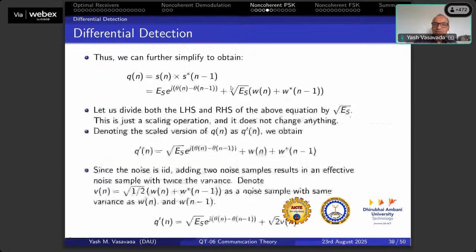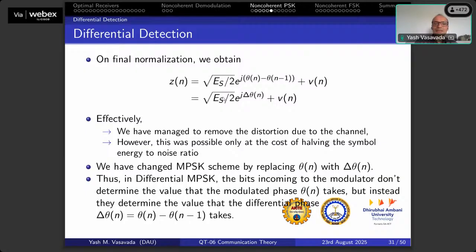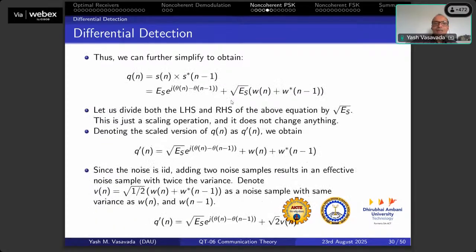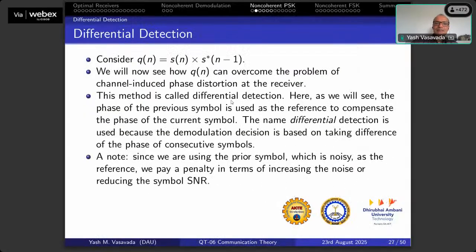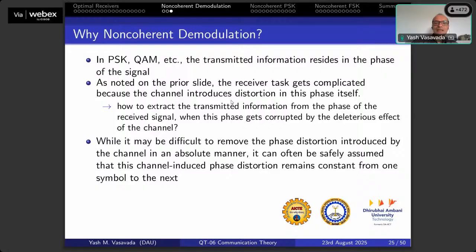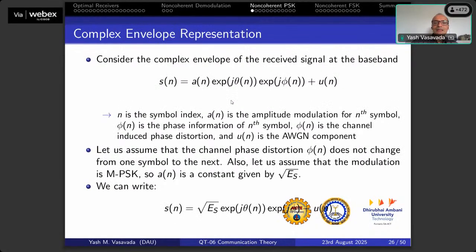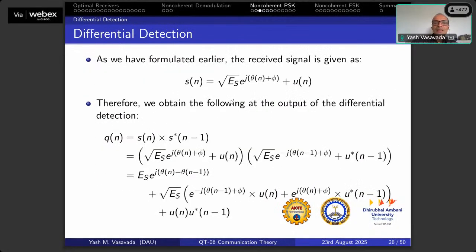Why? Because I'm getting affected by two noise terms now, which are adding. So obviously my SNR goes down by a factor of 2, which is captured by this square root of Es becoming square root of Es divided by 2. That is the penalty I pay, but on the other hand, the advantage that I get is that this phi term went away.